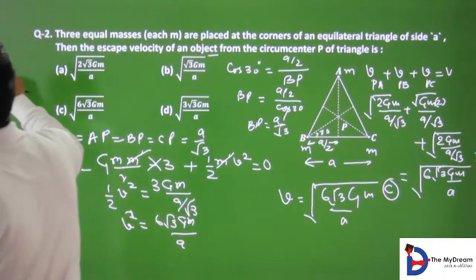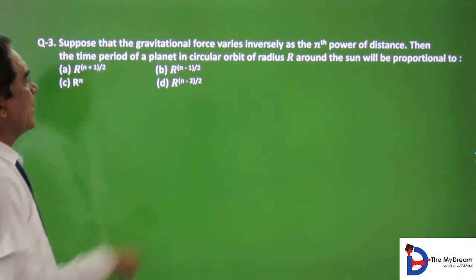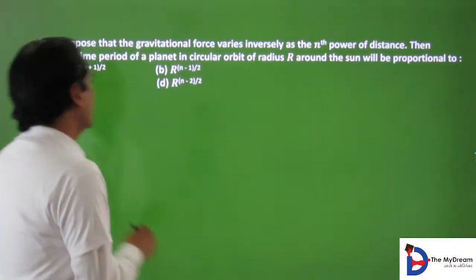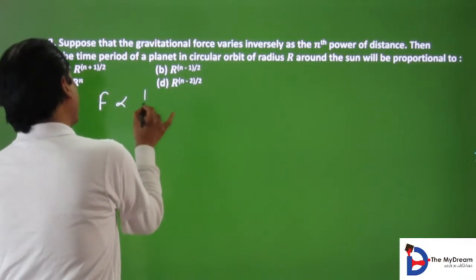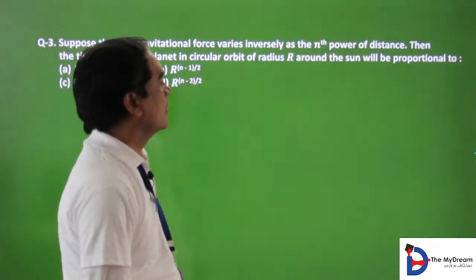Now the next question is, suppose the gravitational force varies inversely as nth power of the distance.